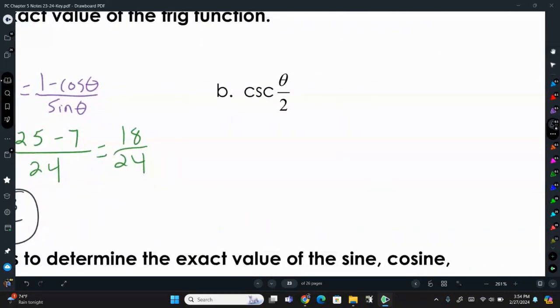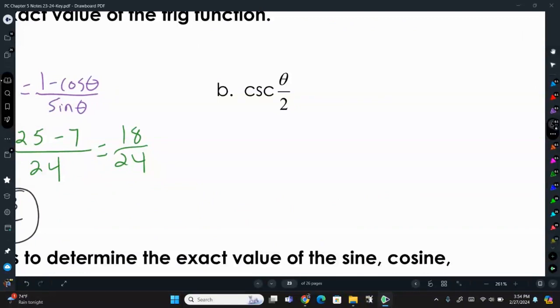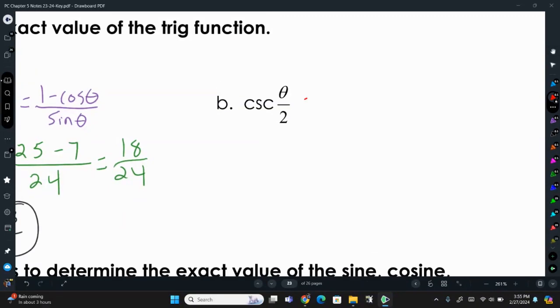Then letter B, the cosecant of theta over 2. Well, we know that cosecant is the reciprocal of sine. So I'm going to take the sine one and flip it. So this is equal to the square root of 2 over 1 minus cosine of theta.